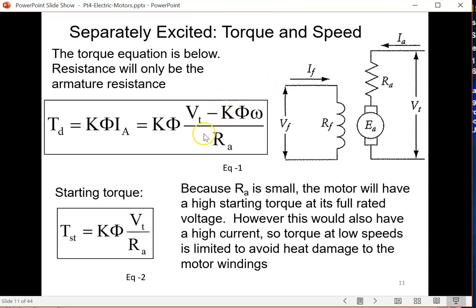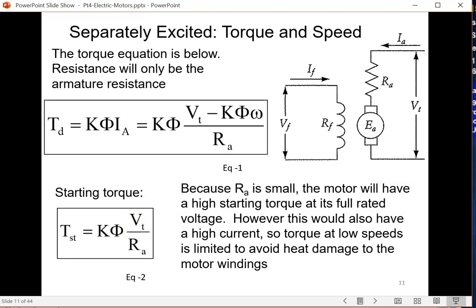So if you look at that formula here, when speed is 0, omega is 0. So that second term disappears. That will leave you with equation number 2, K phi times Vt over R. That's when you have a much higher torque for a given voltage supplied to the armature winding.